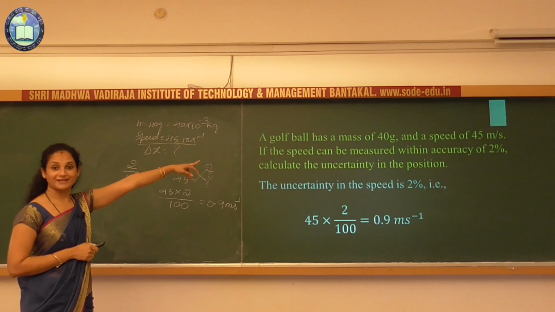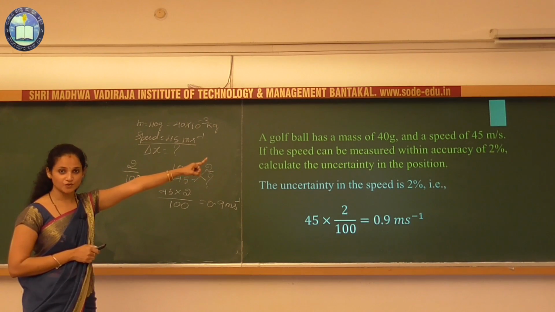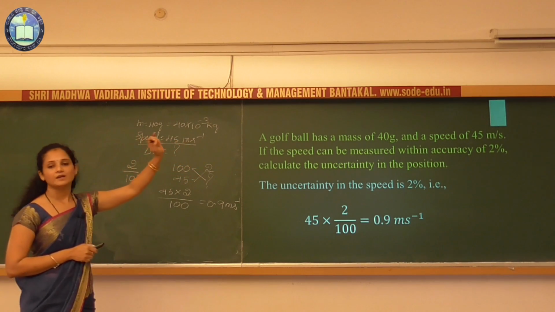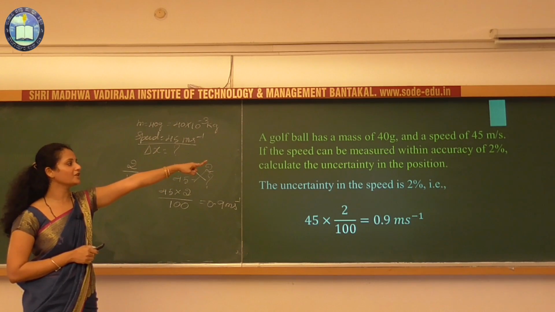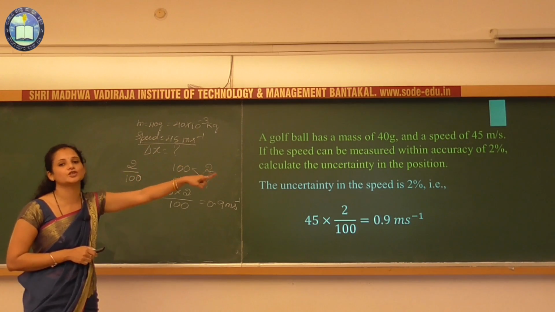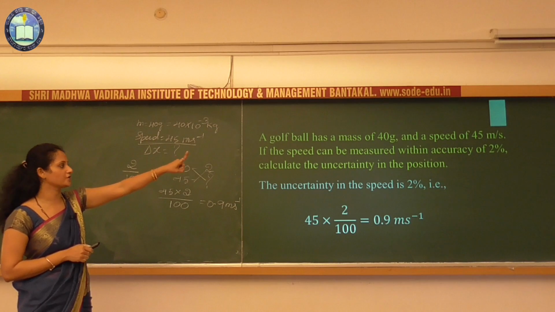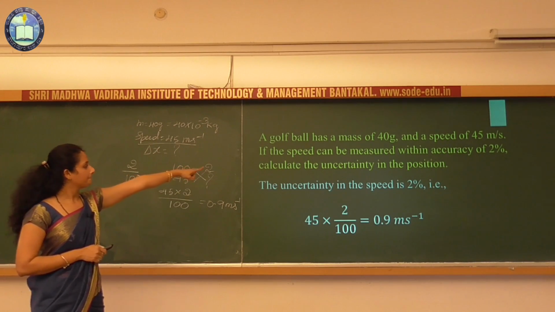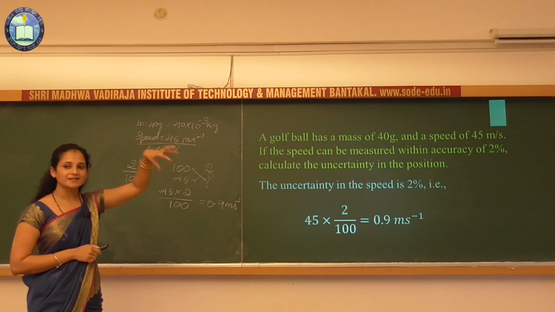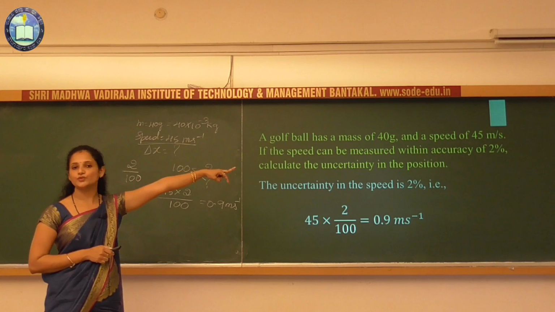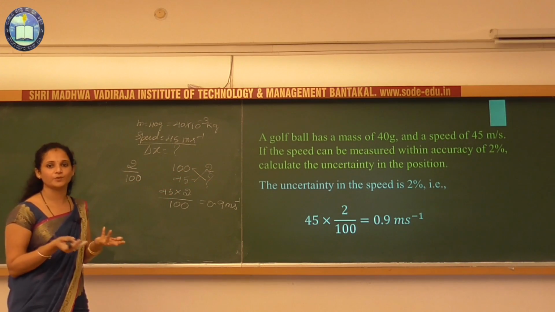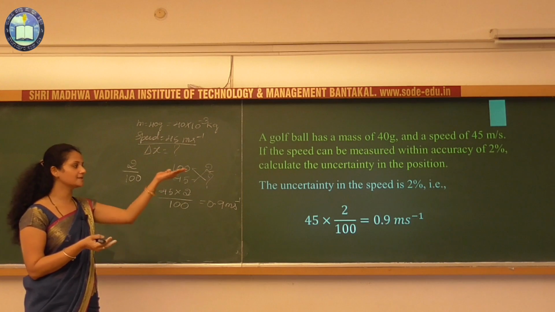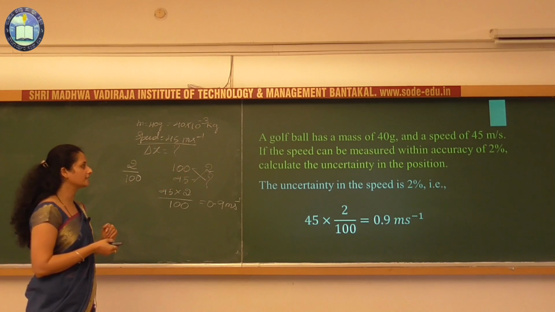See, read the question again. Mass was given as 40 gram. You need to convert gram to kg. Then, 45 meter per second is its speed, not the uncertainty in velocity, and not the uncertainty in position. That speed is measured with a percentage accuracy, meaning it can be 2% more or less. That is called the uncertainty.